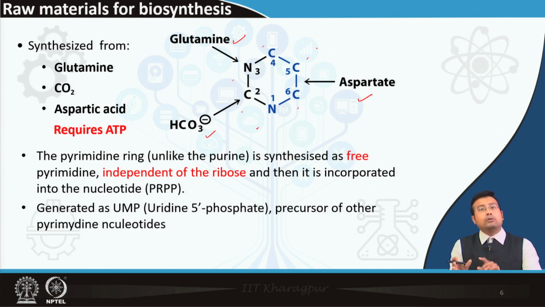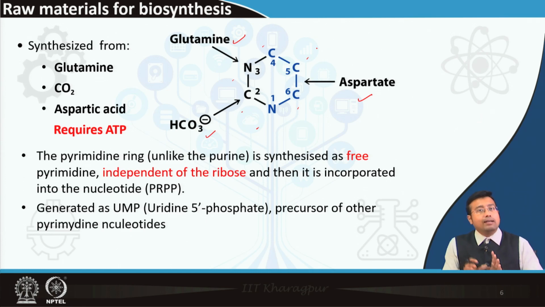There is a difference between pyrimidine synthesis and purine synthesis. You saw in case of purine synthesis, the first step was when PRPP was formed, that is phosphoribosyl pyrophosphate. PRPP provided the ribose 5-phosphate group on which the entire purine nucleotide was formed.